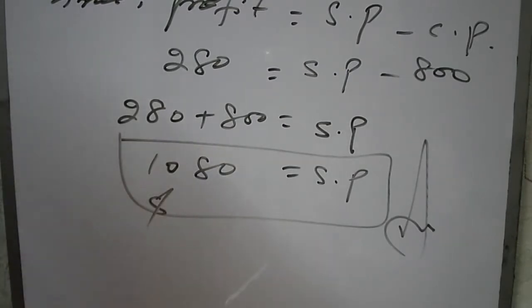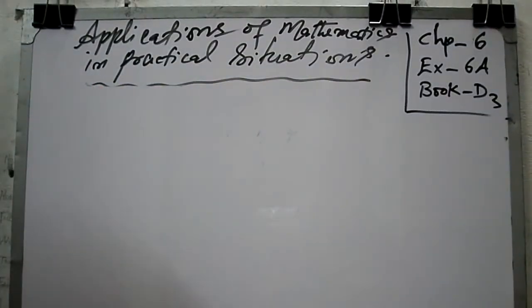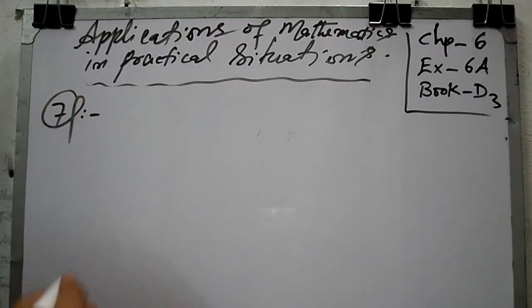Now coming to the question number 7. In question number 7, a man buys a dozen cameras for $1,800. He sells them at a profit of $36 each. Find its profit as a percentage of the selling price.